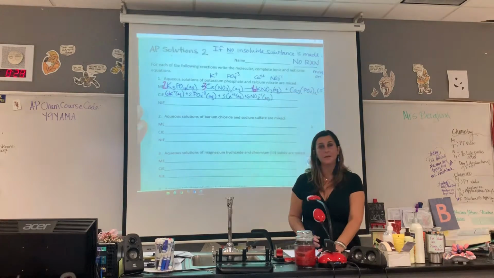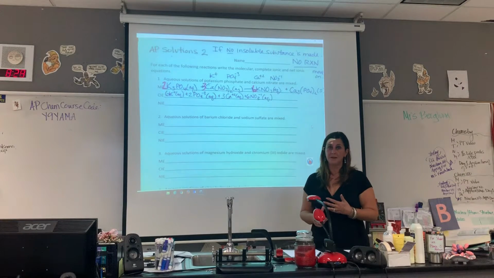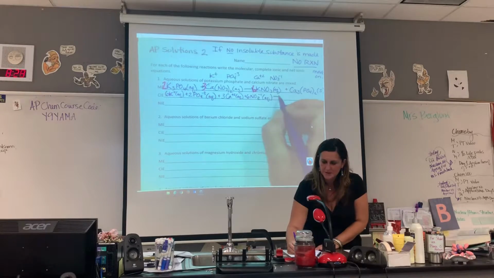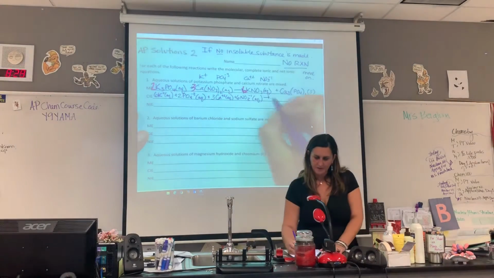So notice how I'm being really conscientious about showing the charge, showing the number of the ions, and showing the state of matter. Okay, I might have to squish this in a little bit over here, get everything together.